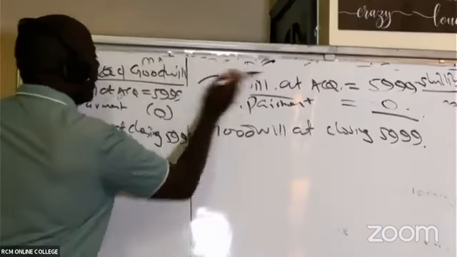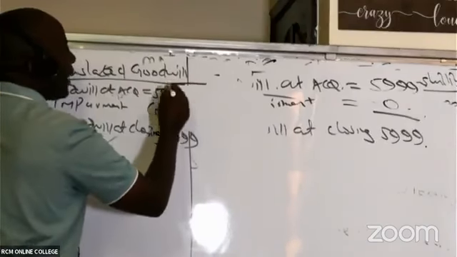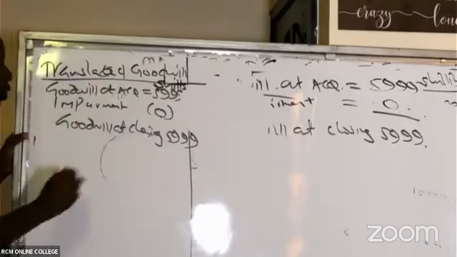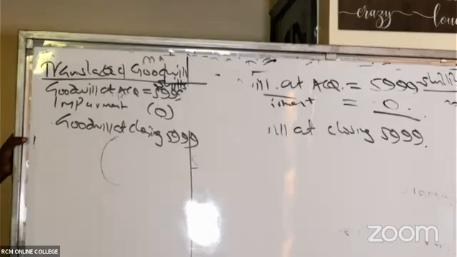Ladies and gentlemen, you will have to give me the exchange rates to use. Remember, these are in shillings. So, goodwill at acquisition: do we have the acquisition rate? Nancy is giving me 5.5.